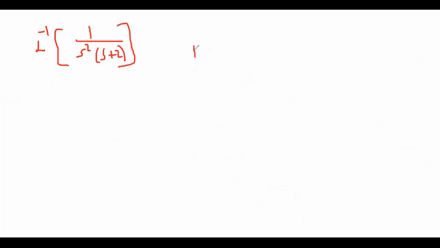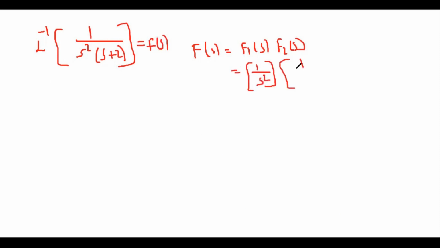What is the convolution property? F of s is equal to f1 of s times f2 of s. This given function is f of s, which you can assume as 1 by s square into 1 by s plus 2. Okay.